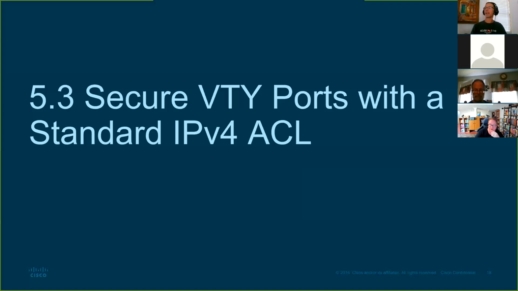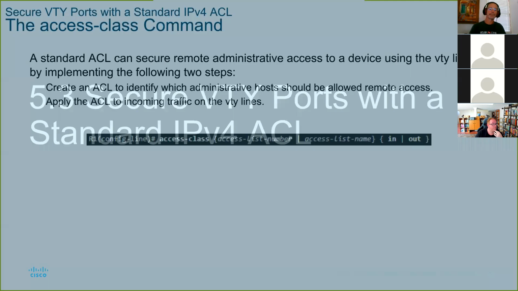So we could permit those and then deny everybody else. But instead of putting it on individual interfaces, we apply it to the VTY lines themselves. So now any interface that gets lit up is protected, because we're actually protecting the VTY infrastructure.